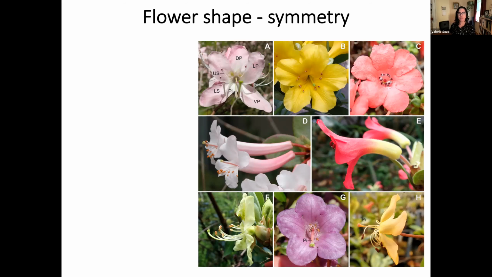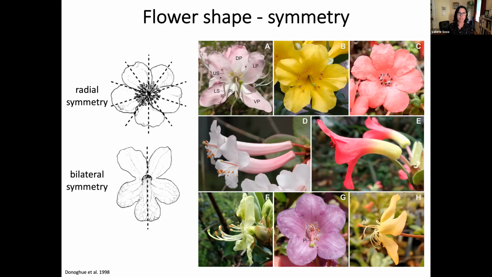And there's two types of symmetry that have been described for flowering plants. Those are radial symmetry and bilateral symmetry. Radial symmetry has more than one plane of symmetry through the flower, whereas bilateral symmetry has only one plane of symmetry through the flower.